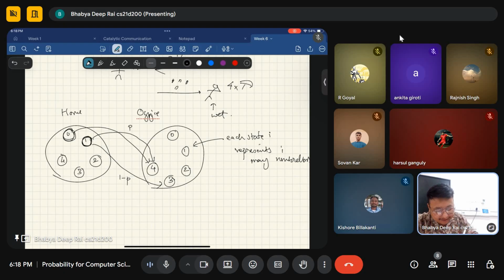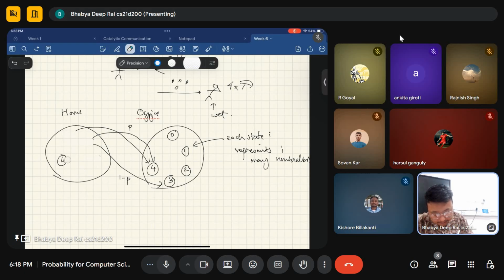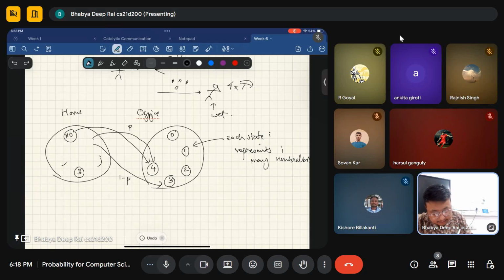Let me rename them. So this will become H0, H1, H2, H3, H4. So these represent home states, and O0, O1, O2, O3, O4 represent office states.